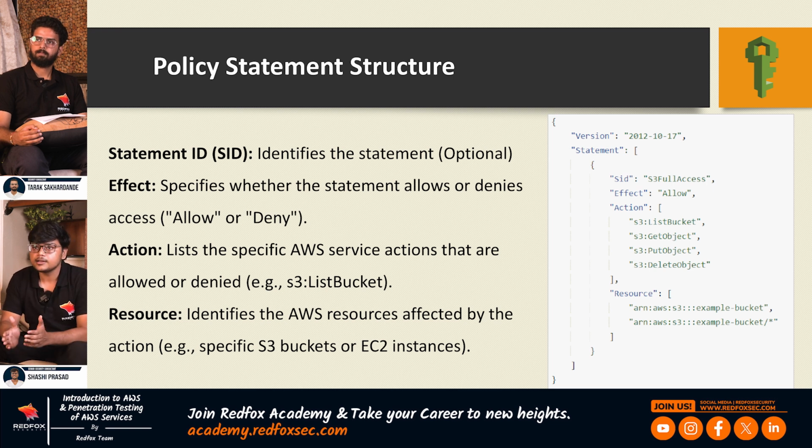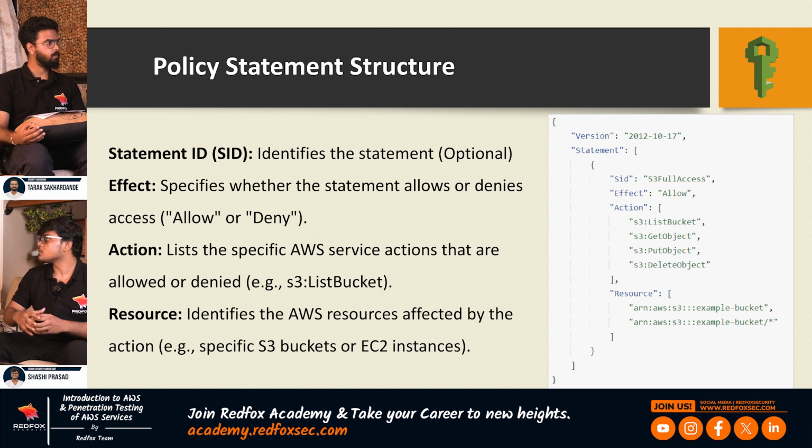Then we have the effect. Effect specifies whether the statement is allowed or denied. If we want this user to be allowed some actions on some resources, we give allow. And if we want to deny permission, we just give deny. Then we have actions. Actions are a list of specific AWS service operations, like what we want to perform on that resource.